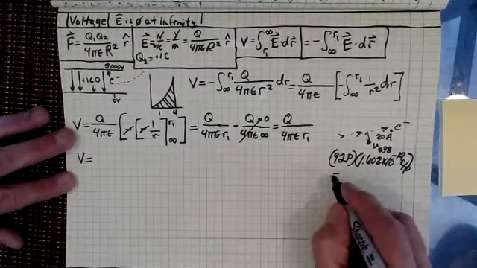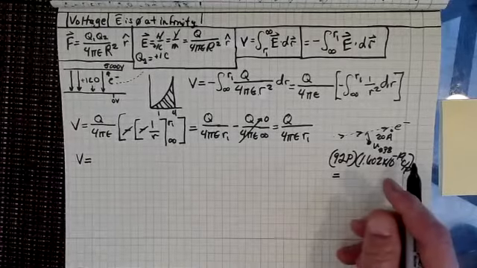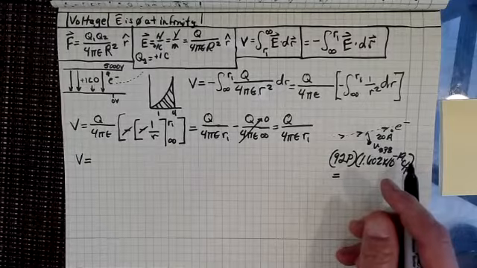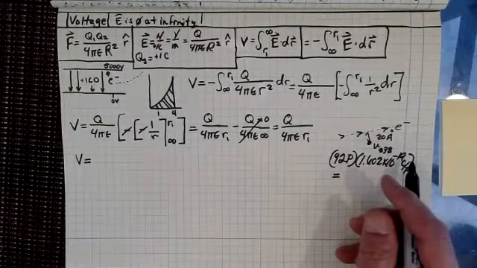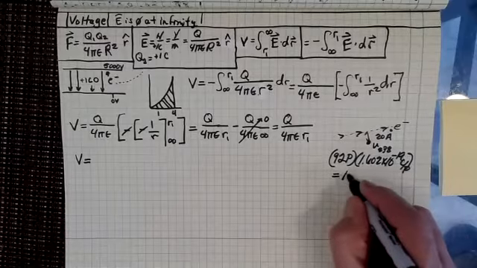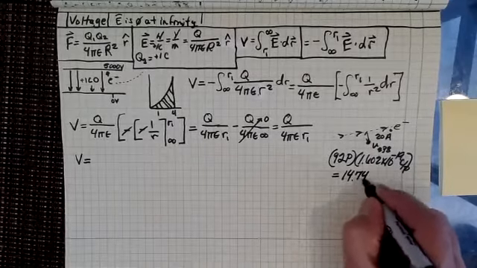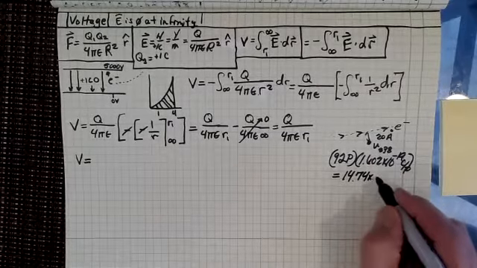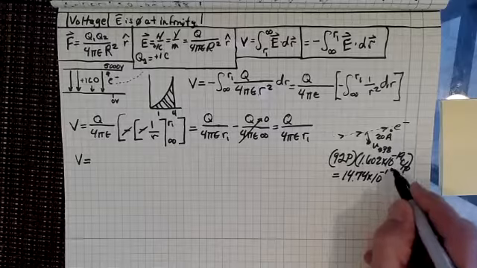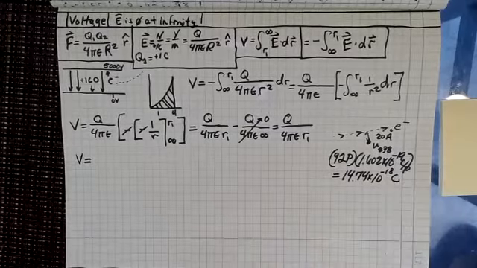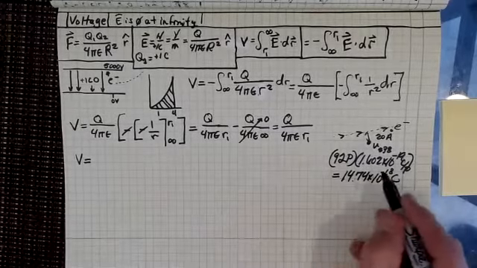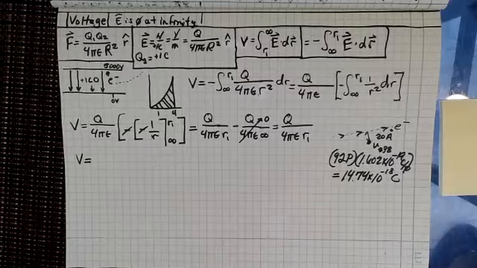I can't stick it in there, but if there's no negative, it's a positive. So what that gives us is 14.74 times 10 to the minus 18 coulombs, right? All right, so that's 92 times the charge on an electron.